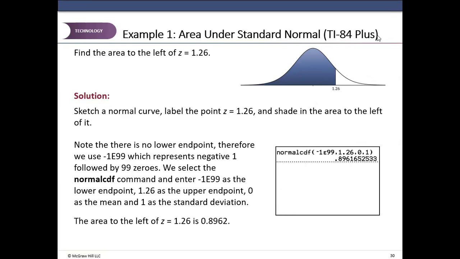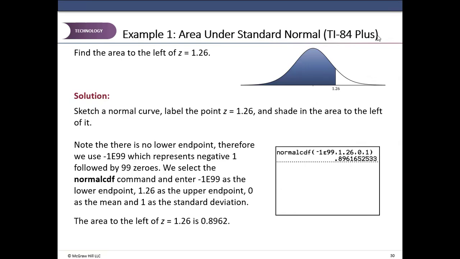So we press 2nd VARS and then we scroll down to number 2, which is normalcdf. The lower boundary is a very large negative number on the left. So it will be negative because it's on the left of 0. And how do you indicate a very large negative number? In the calculator, it's already set up as -1, minus because it's on the left, on the lower boundary, 1 E 99.